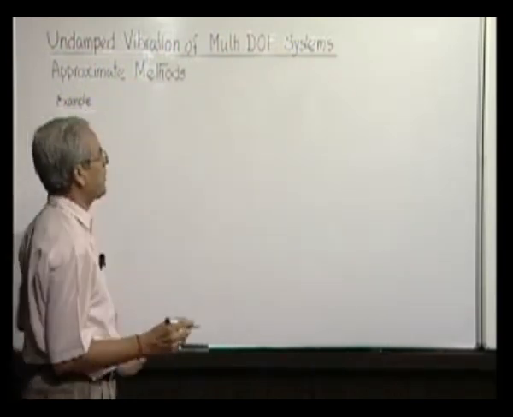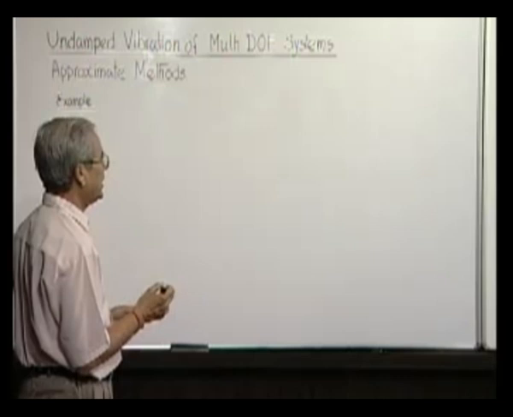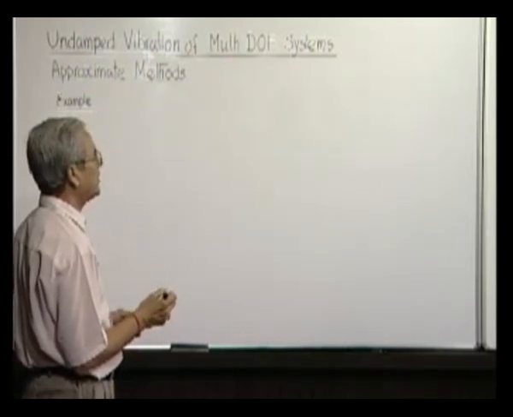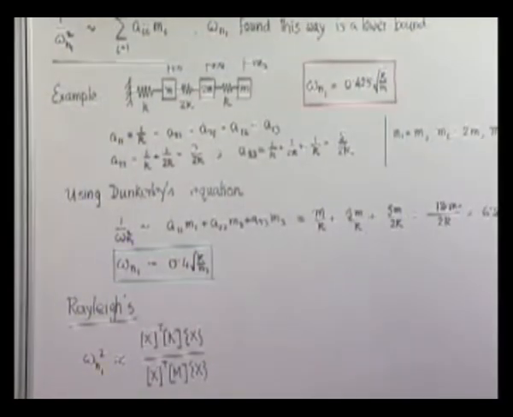The same example. To find out the K matrix, the best way for us will be to derive the equations of motion.